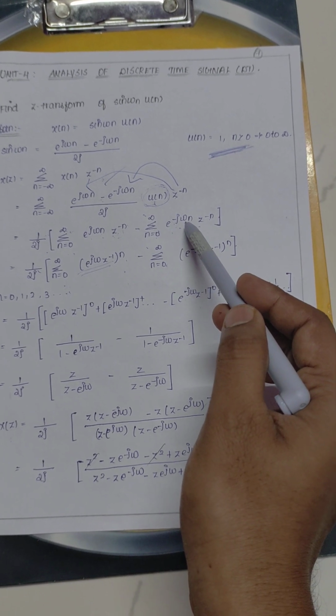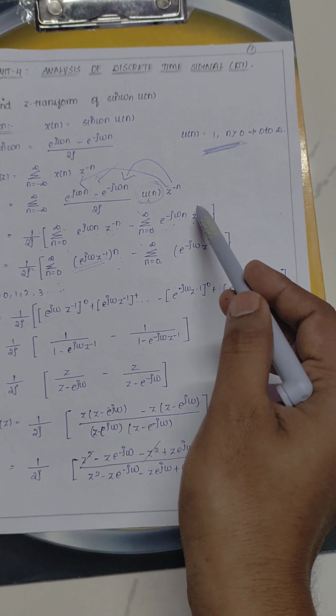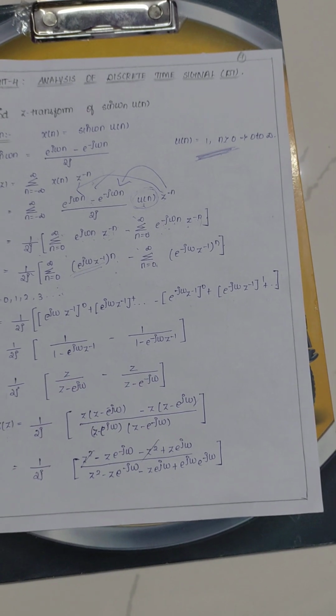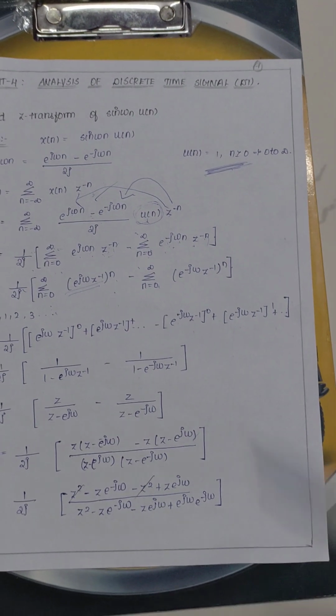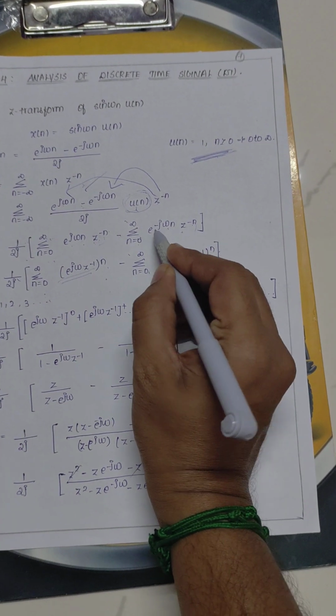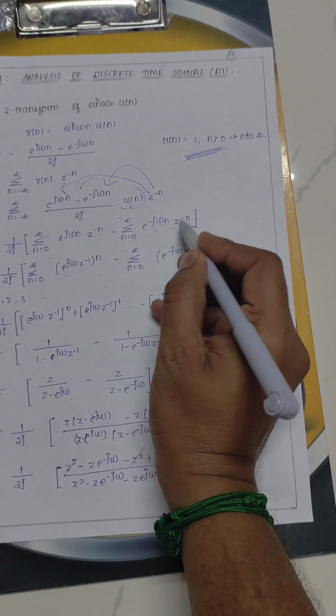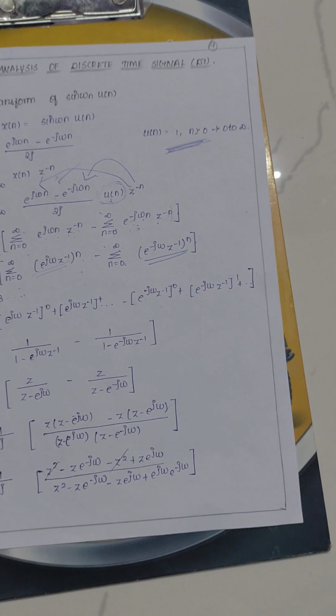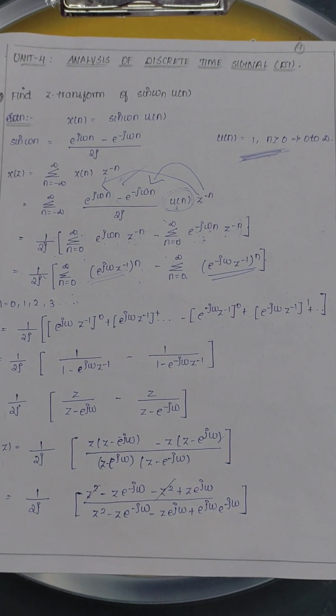Now e power minus j omega z inverse whole power n.